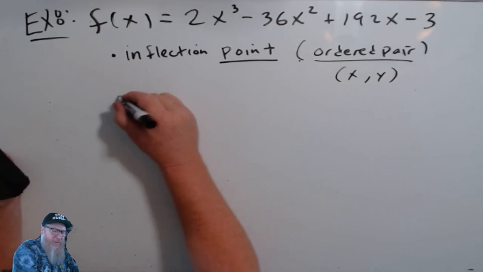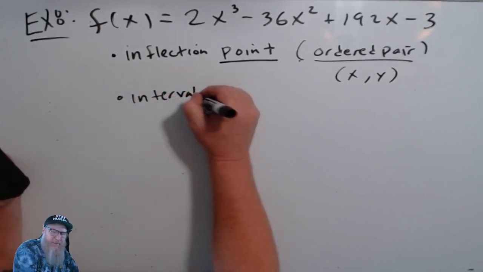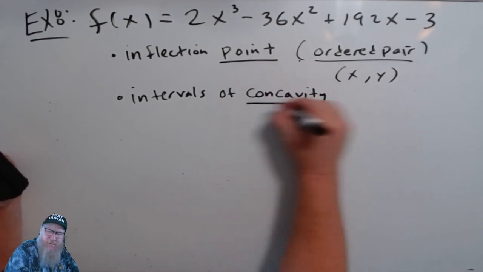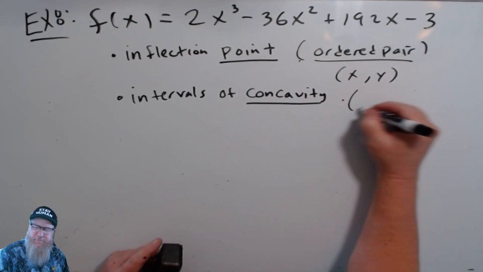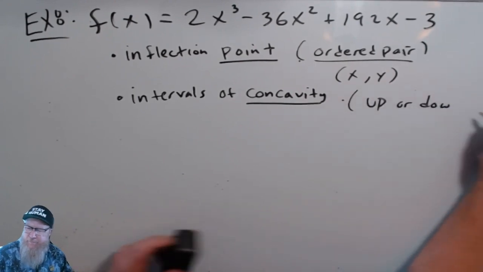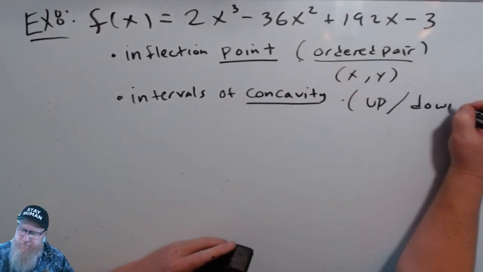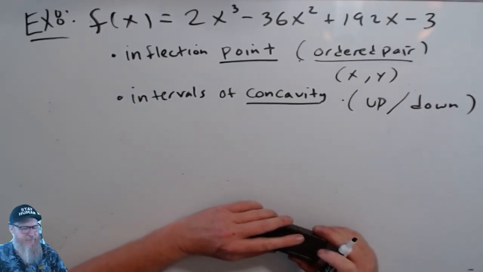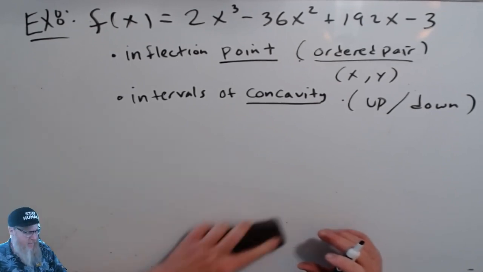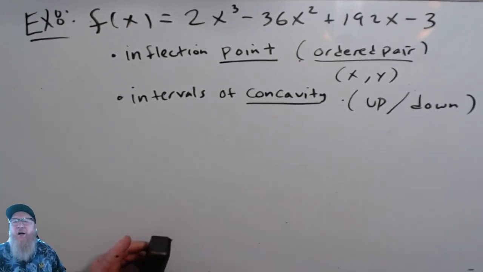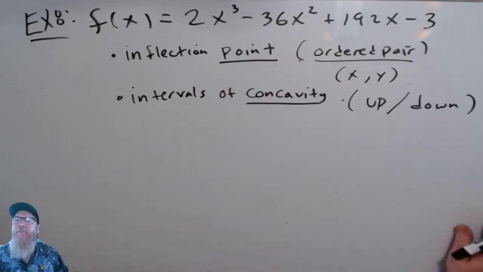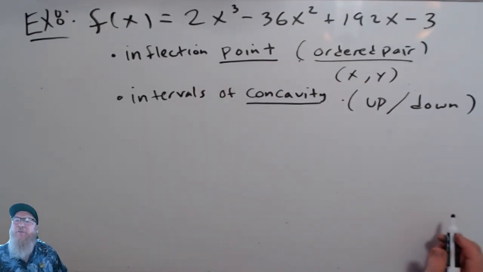All right, and then I want the intervals of concavity. So concave up or down. All right, I'll probably want both, one of each. Although there are functions that are only concave up, and there are other functions that are only concave down, but we've kind of left those behind in the dust. We're moving on to functions that have both types of concavity.